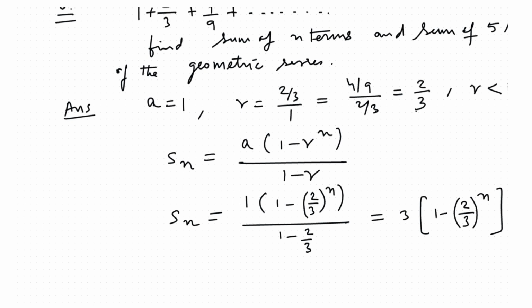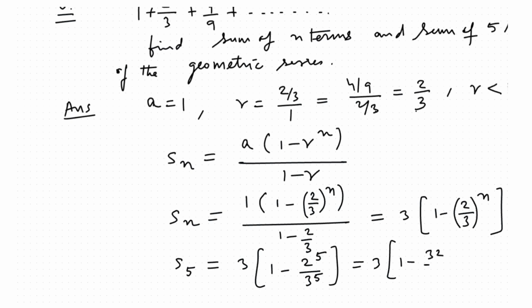Now that we are asked S5, how would I find it? It will be 3 times 1 minus 2 raised to the power 5 upon 3 raised to the power 5. Okay, 2 raised to the power 5 would be how much? It will be 32 upon 243.